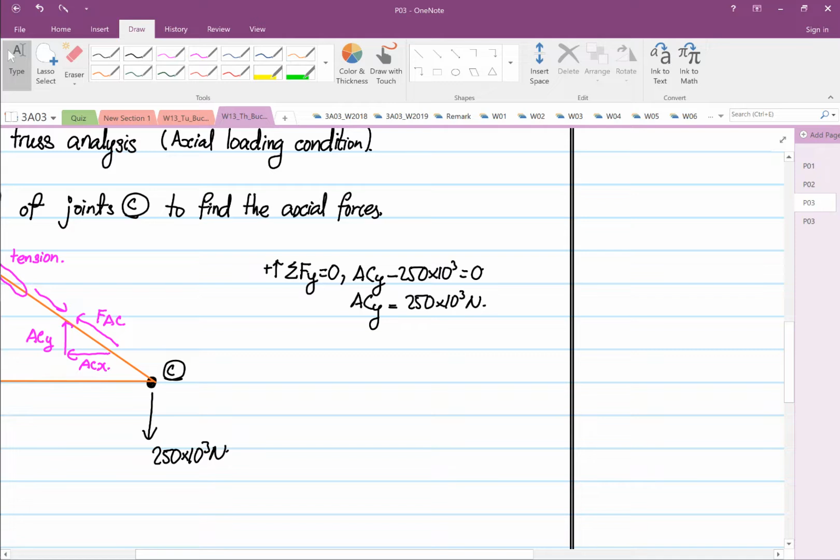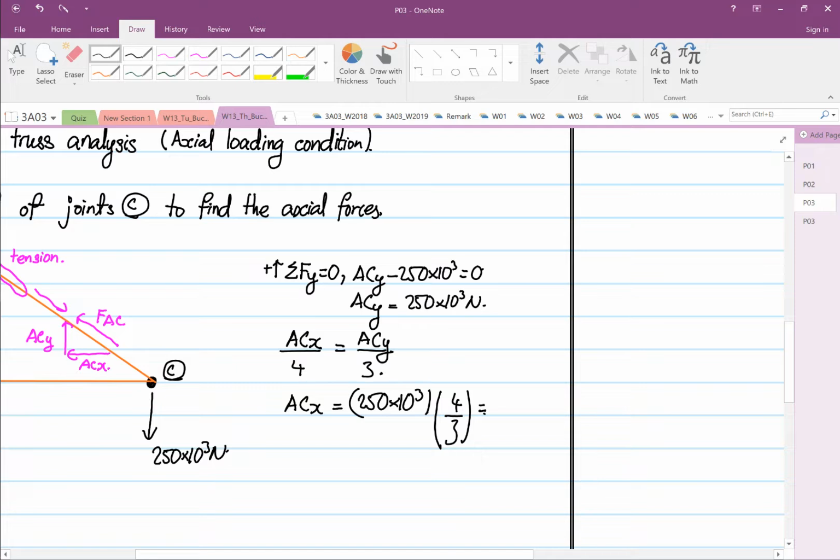So we can use similar triangles. So we can use ACX over 4 is equal to ACY over 3. So ACX will be equal to 250 times 10 to the power 3 multiplied by 4 over 3.